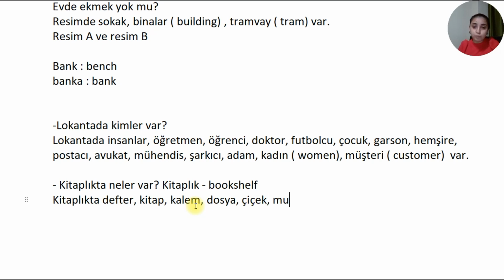And I have mum, it is candle. Kitap, kalem, dosya, çiçek, mum, and defter. What else? Let's think. Maybe vazo, vase. Maybe picture, resim. Maybe photograph, we say fotoğraf. Var at the end. And you can add other words if you remember. Now I'm writing all the things that I remember that we learned. Kitaplıkta neler var? Kitaplıkta blah blah blah var.